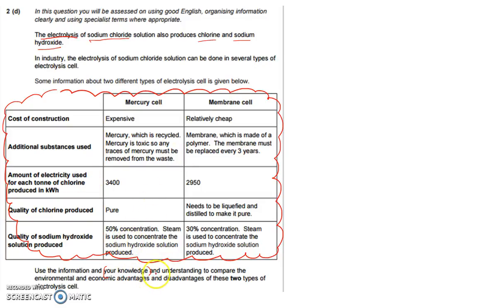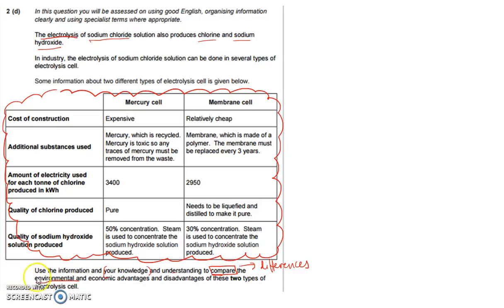So use the information and your knowledge and understanding to compare. So remember, we've got compare as one of our command words. So compare, we're talking about the differences. So the differences between mercury, the differences between a membrane cell. The environmental.